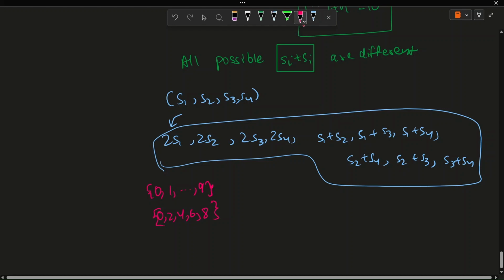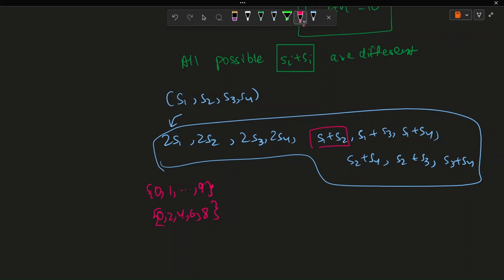So one of the other sums must be even. Suppose s1 plus s2 is even without loss of generality. So s1 and s2 have the same parity.